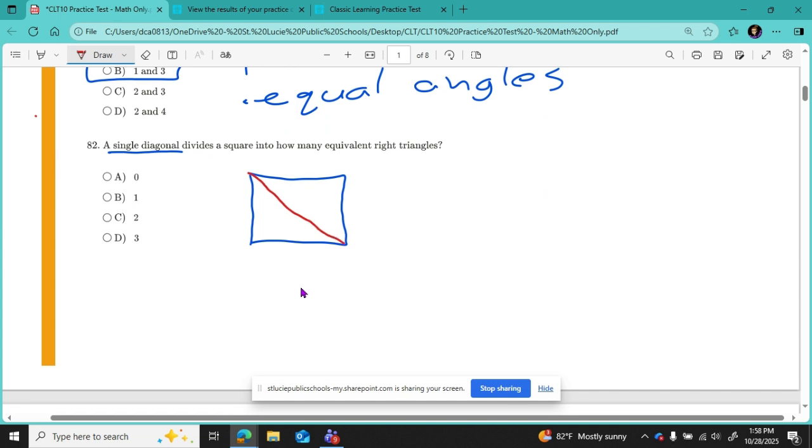How many equivalent right triangles do you have? That's one right triangle, and there's my second right triangle. So we have 2 equivalent right triangles.